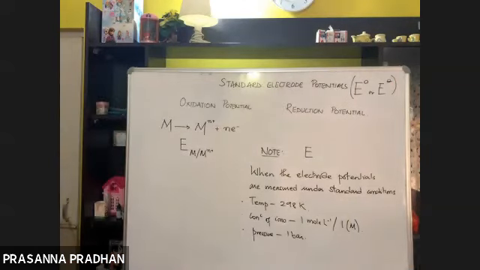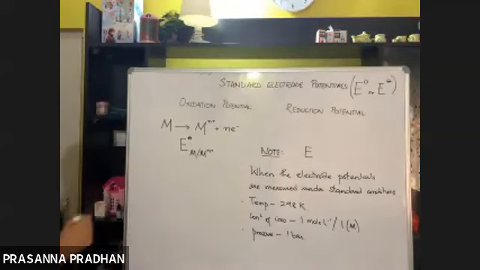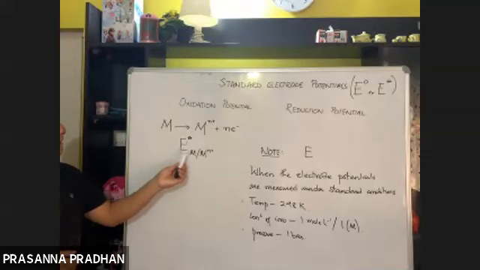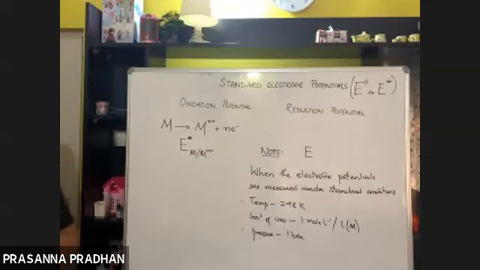Whenever you see this symbol E naught, it reflects a standard electrode potential, meaning the electrode potential measured under these conditions. So if I write E naught here, it is the standard electrode potential of this particular electrode. Now let us come back to the point.